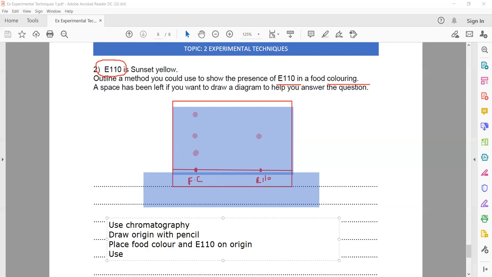Here they did not mention that it is insoluble in water, so you can mention use water as solvent.